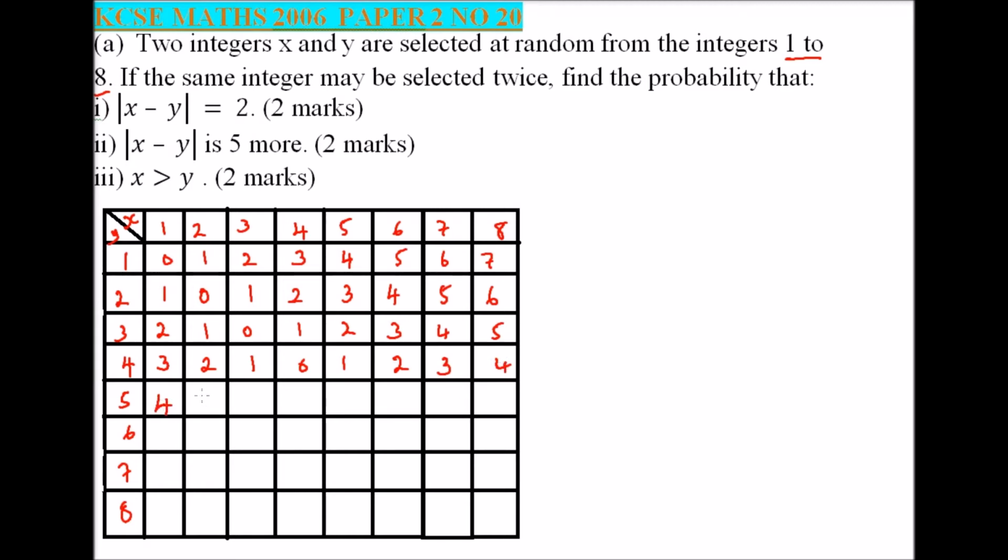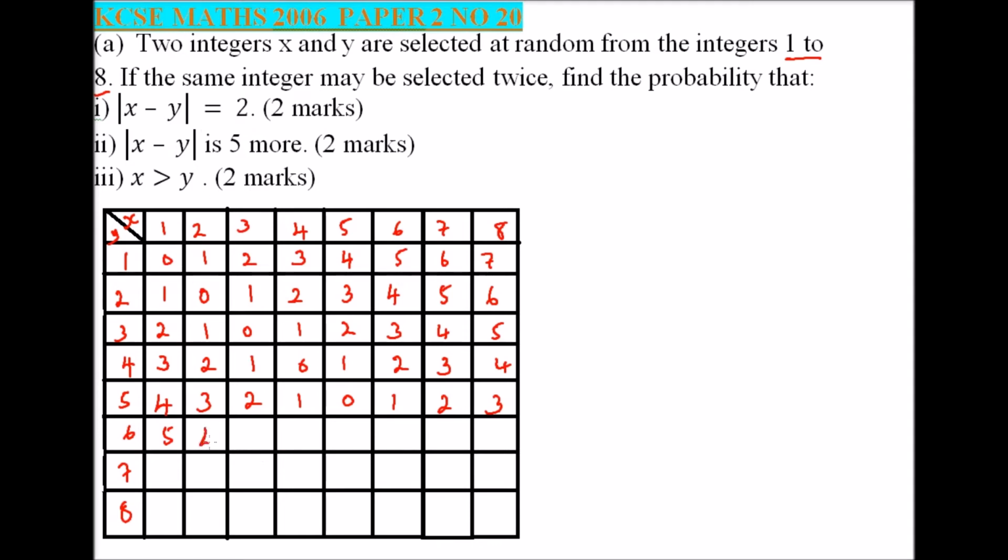So this is 3, this is 2, this is 1, this is 0. Then we have 1, 2, and 3. So this is 5, this is 6, this is 7. Let's correct that. So this is 5.